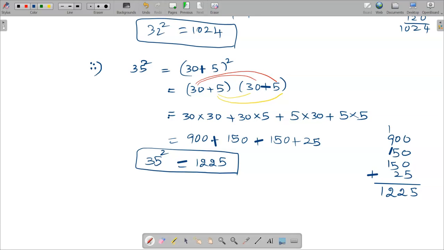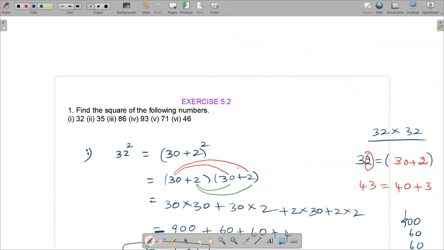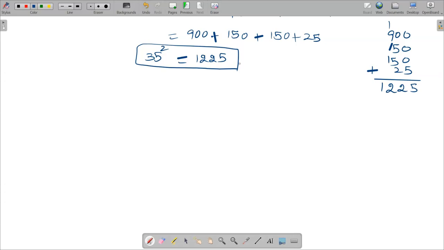Okay, then the next problem is 86. So 86 square we have to find out. So as usual, take your unit digit alone. So 6 plus what value is 86? It is 80, right? So this I can split as 80 plus 6 into 80 plus 6.